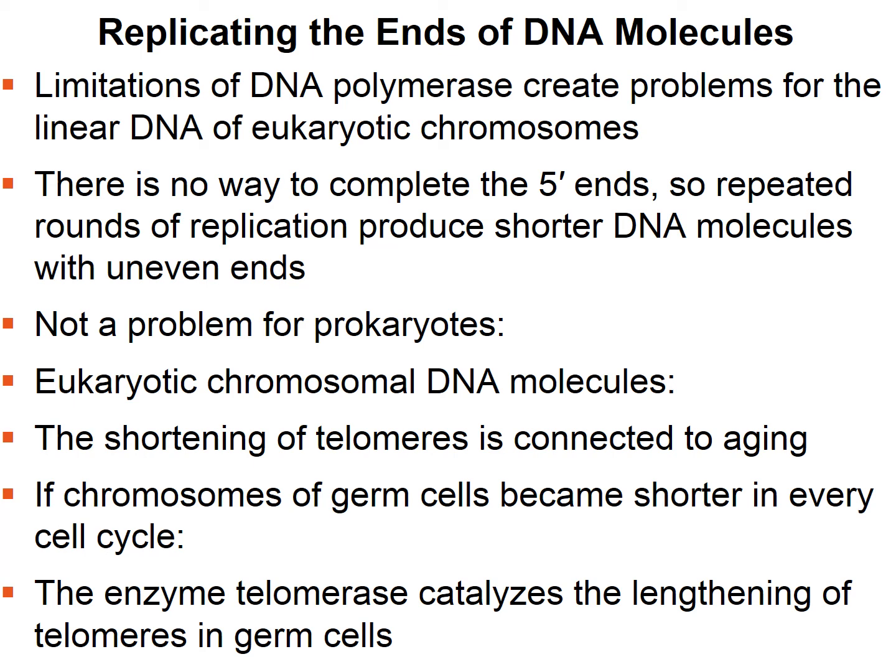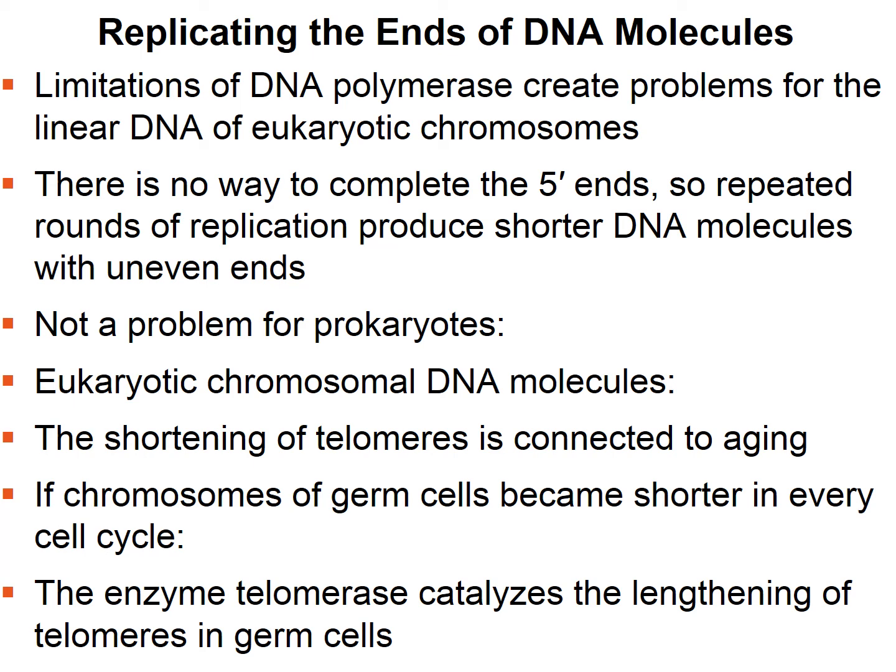So in order to fix this, eukaryotic chromosomal DNA molecules have nucleotide sequences added to their ends called telomeres. Now these don't stop shortening, but they do postpone it. The shortening of telomeres is connected to aging. So the older a person is, the shorter their telomeres are.